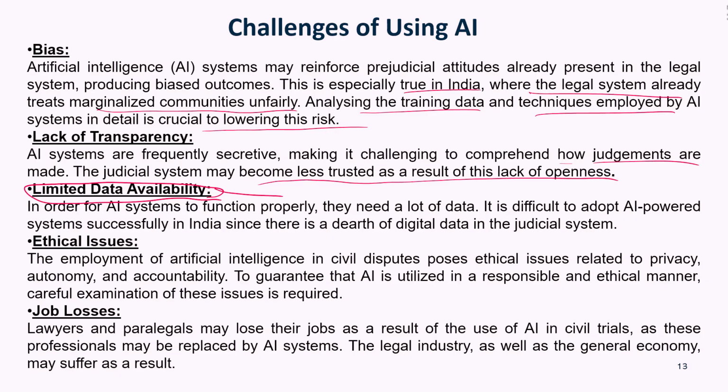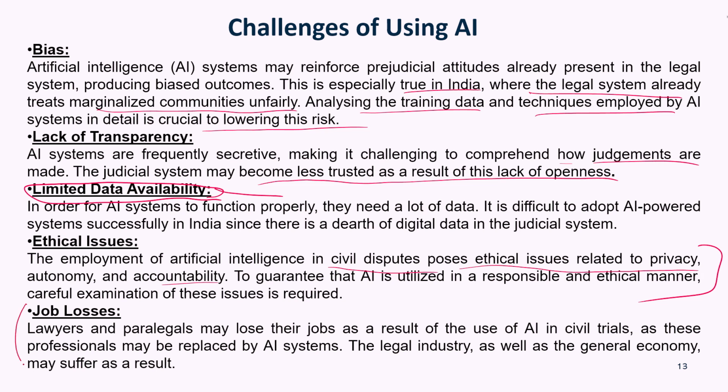Patterns will come only when there is a digital base on which it functions. So that is missing. Then there are some ethical issues, like the employment of artificial intelligence in civil disputes poses ethical issues related to privacy, autonomy and accountability, but some responsible steps may be taken to avoid them.